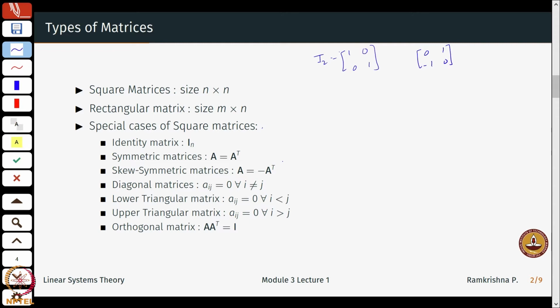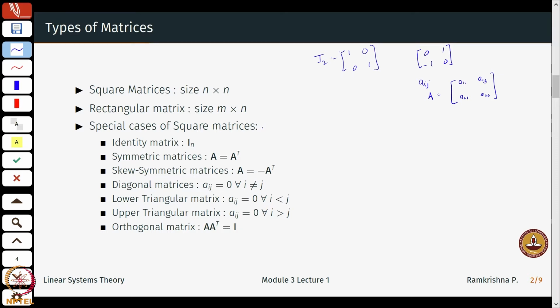Diagonal matrices: by definition, A_ij will be equal to 0 for all i not equal to j. Here A_ij represents each element of the matrix. For example, if I take a 2 cross 2 matrix, this would be A11, A12, A21, A22, and by the definition of diagonal, A_ij would be equal to 0 whenever i is not equal to j.